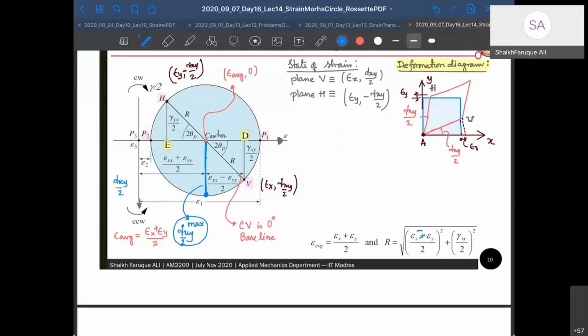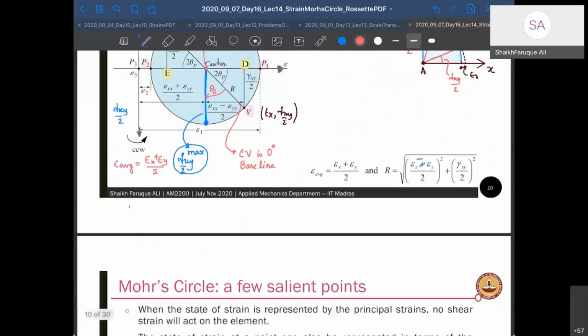The angle for that you can find. This is my theta s, and theta s is given by theta p plus minus 45 degrees, or that is also equal to tan inverse of minus epsilon x minus epsilon y by gamma xy.